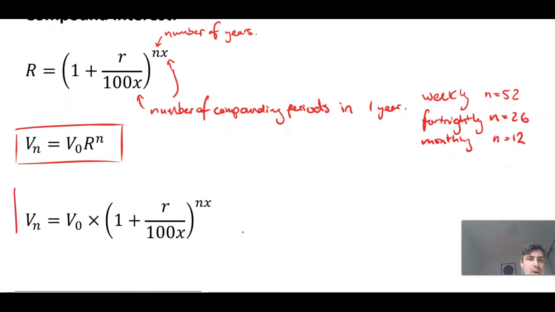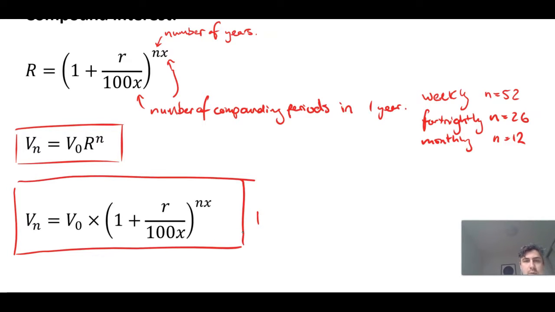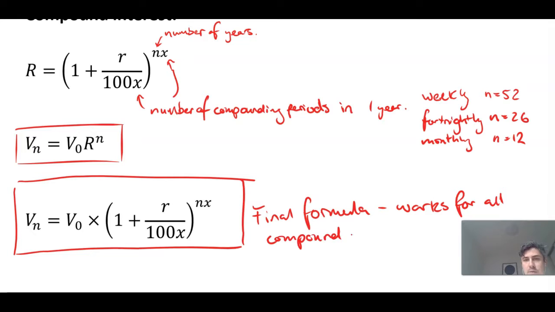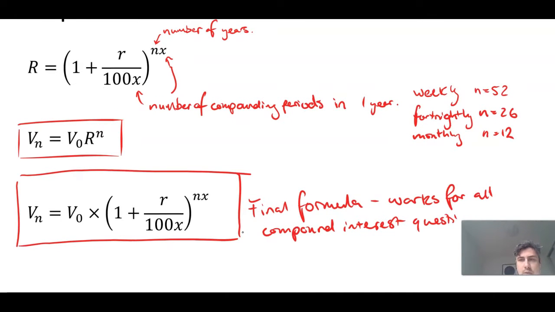As a whole, if we put both together, we get this for the final formula, and it works for all compound interest questions. I should add, with no payments. Soon in the next chapter we'll look at when there's payments as well.